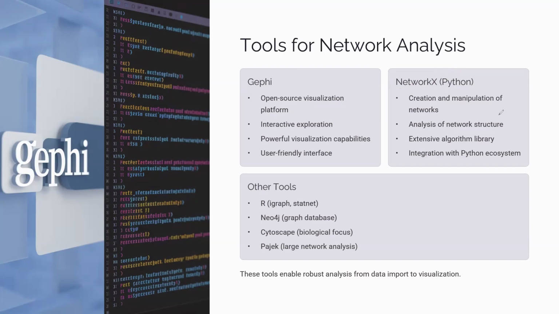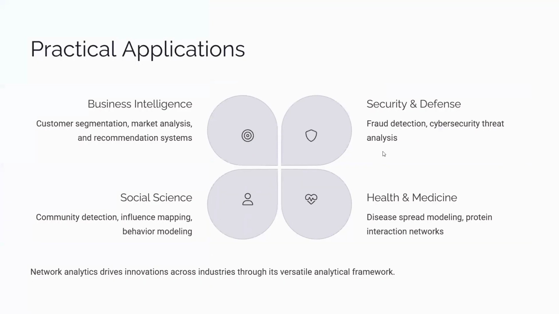So these are some of the tools that we can work with, and practically these are some of the use cases where network analytics can play a crucial role. For example, in marketing, we talk about customer segmentation or market segmentation, and we can also build recommendation engines or recommendation systems depending on the various connections that we see.